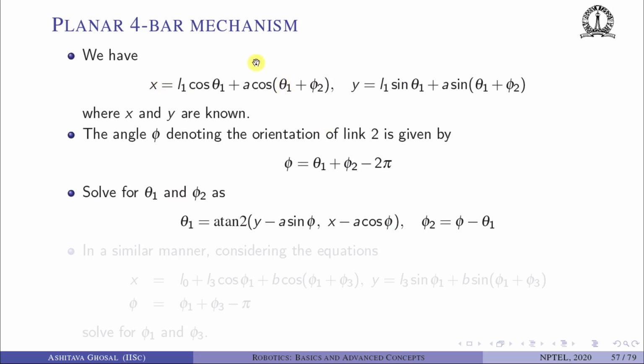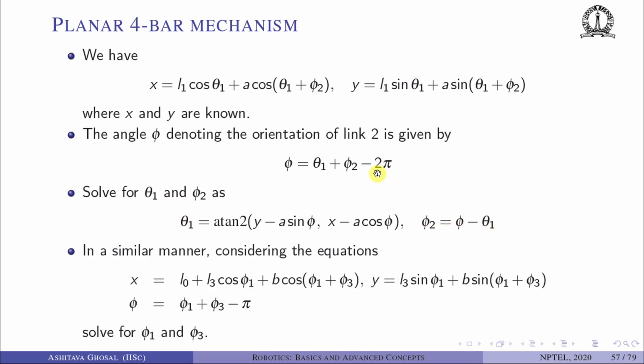Since theta 1 plus phi 2 is phi, if you substitute back, we do the atan2 of that and we get theta 1. And phi 2 is nothing but phi minus theta 1. We can ignore this 2 pi business.